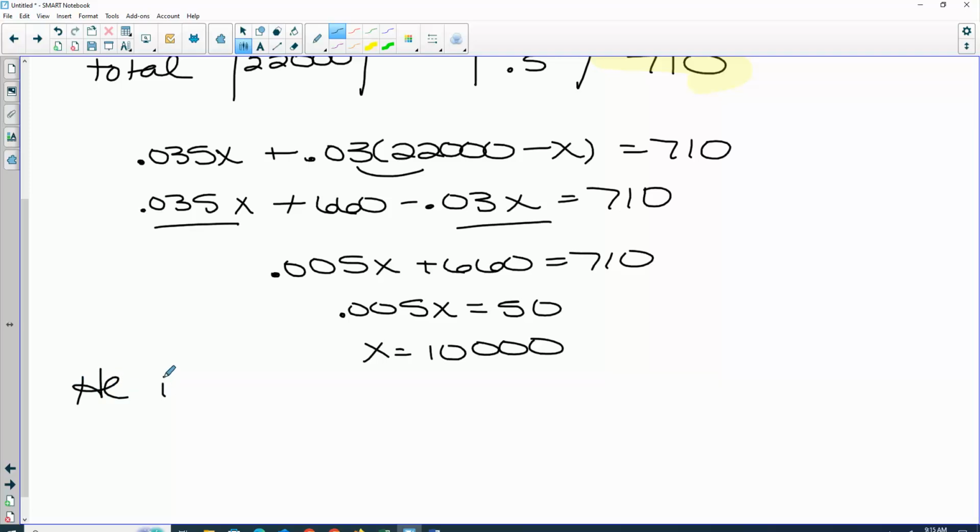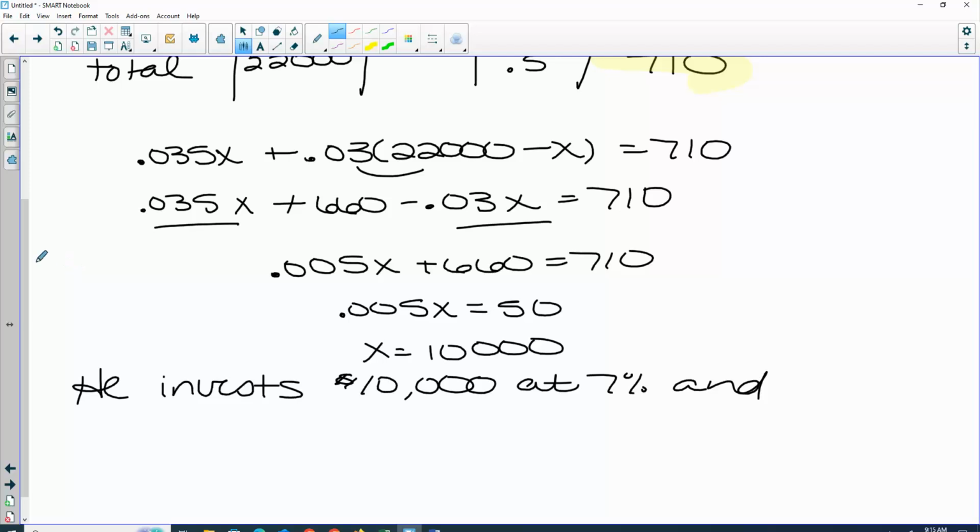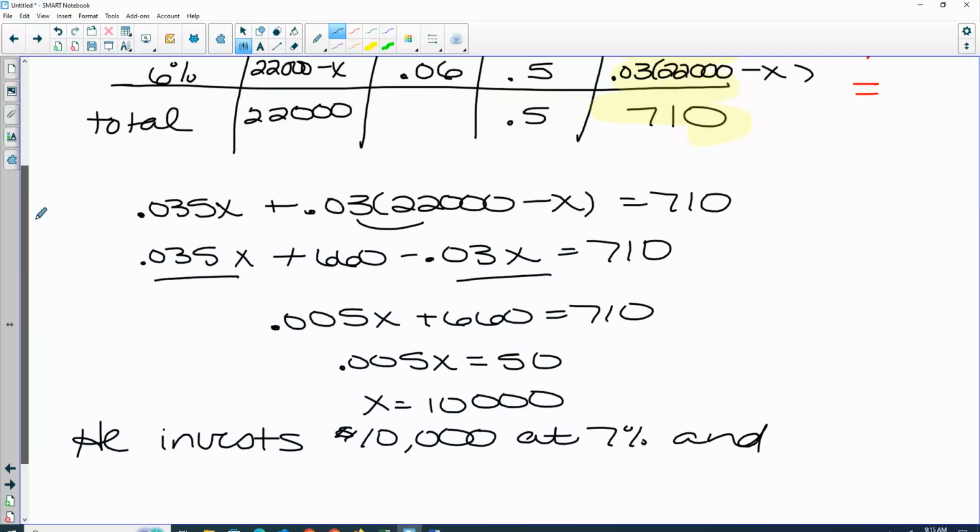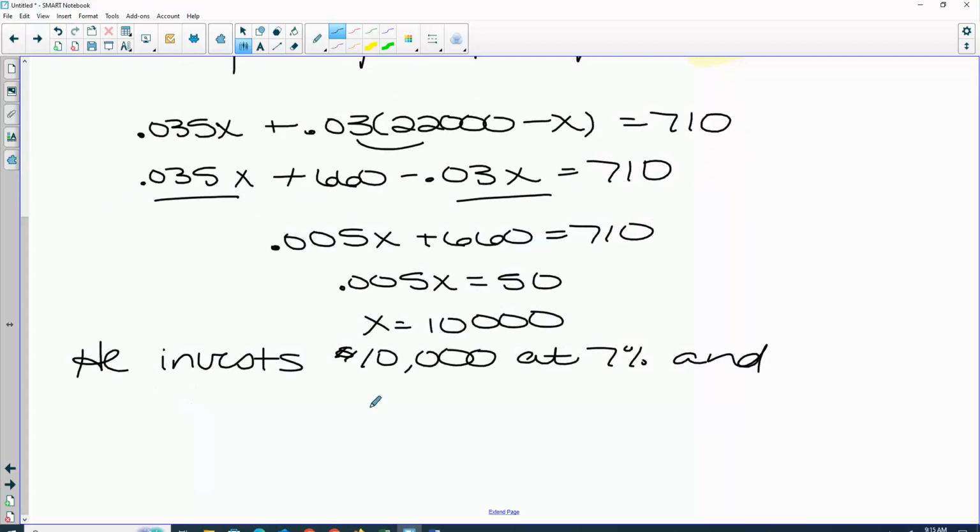So he invests $10,000 at 7%. The 6% is 22,000 minus X, so 22,000 minus 10,000 would be 12,000 at 6%.